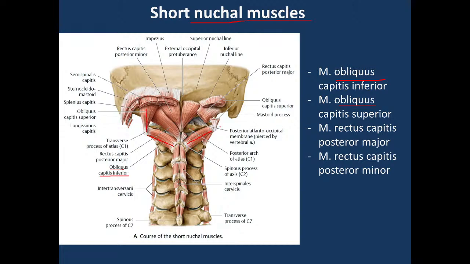And the second oblique muscle we call musculus obliquus capitis superior. And two rectus capitis muscles, rectus capitis minor and rectus capitis major. They are located very deep, right back to the joints between the first and second cervical vertebrae.